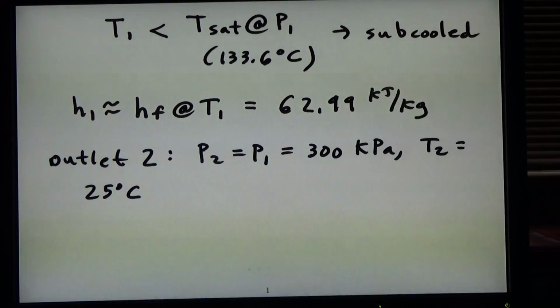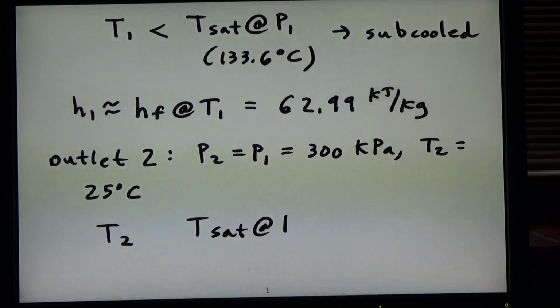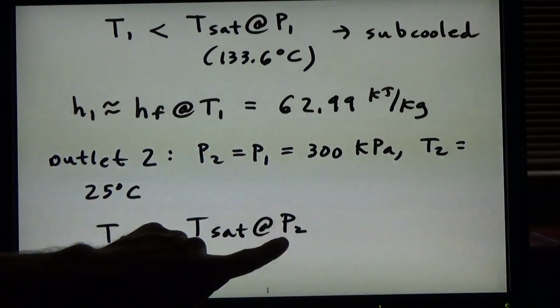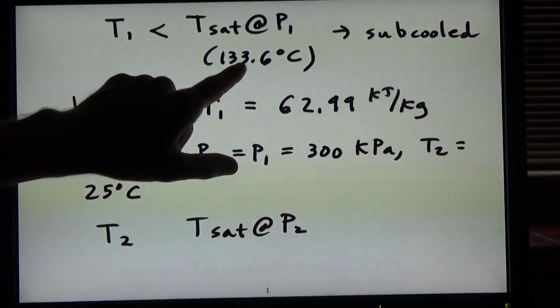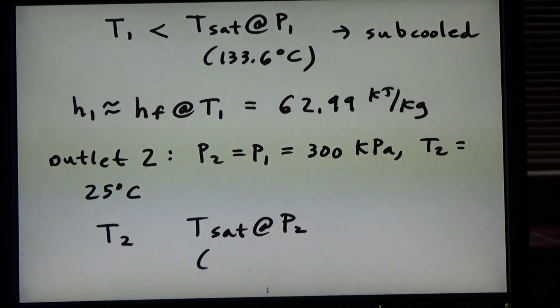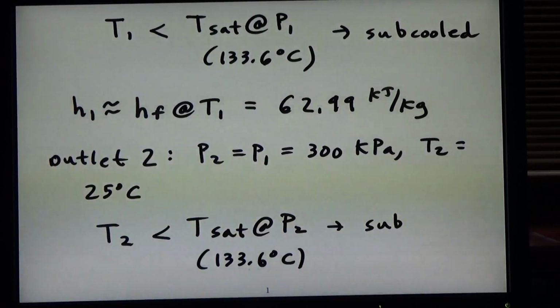So again, we have to do the same steps: determine the phase, then we can get the property value H. Determining the phase, we compare T2 to the saturation temperature at P2. Since P2 and P1 are the same, they should have the same saturation temperature, 133.6. So T2, still less than the saturation temperature, we still have a subcooled liquid water at the outlet.